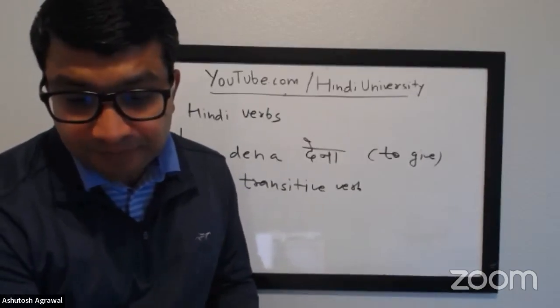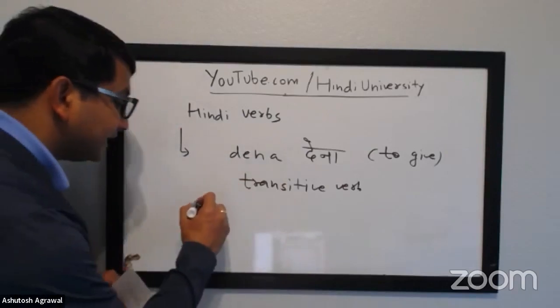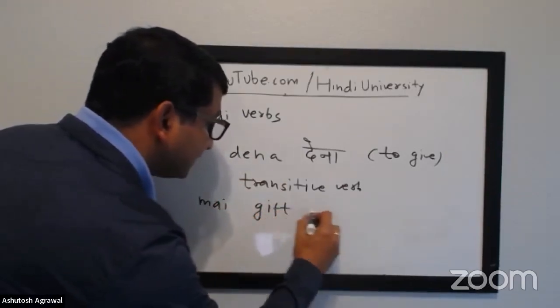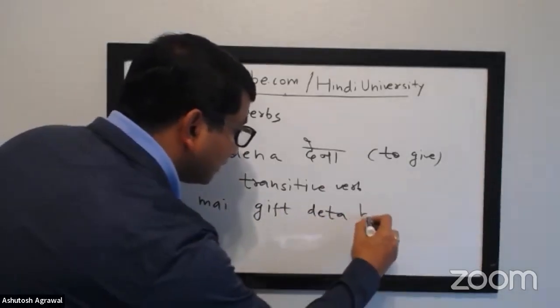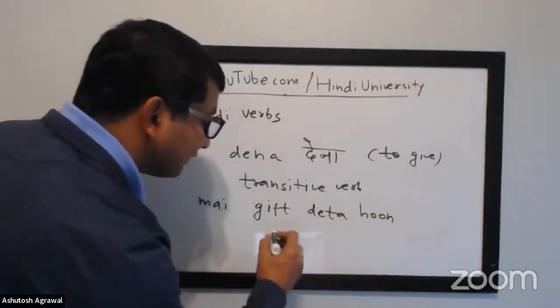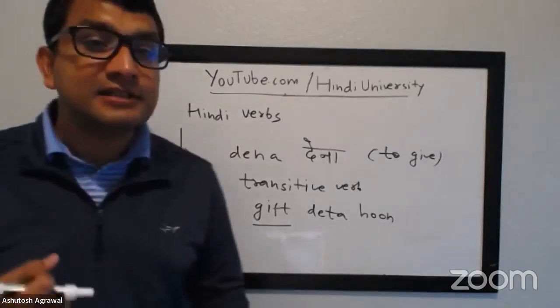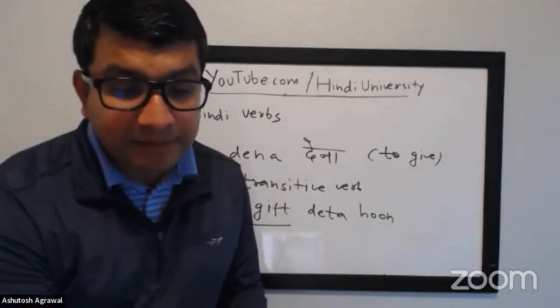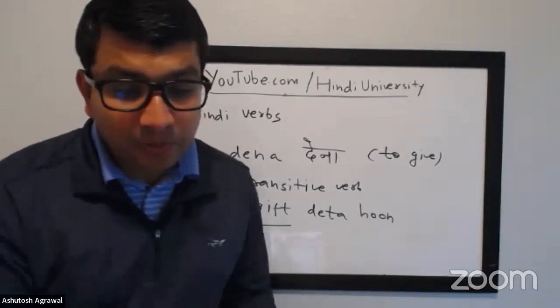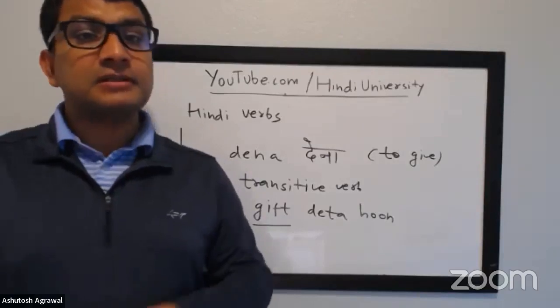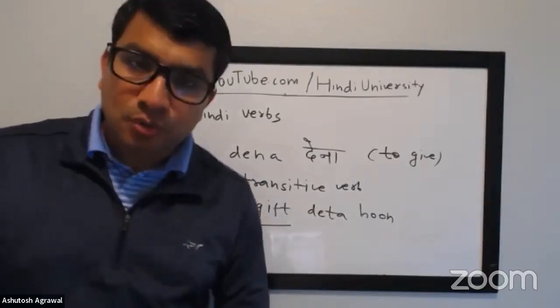When you say मैं gift देता हूँ, the sentence is written in present indefinite, but you can see that there is an object, and somebody is receiving it as well. So Dena, in a simple way, is to give, and it is a transitive verb. But this is when you're using Dena on its own.